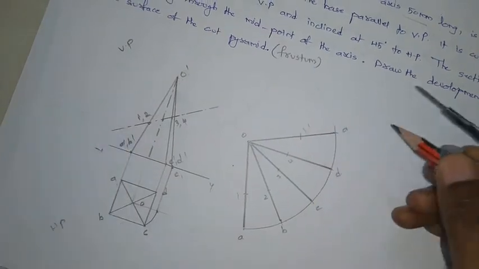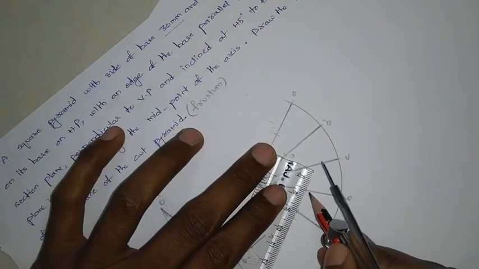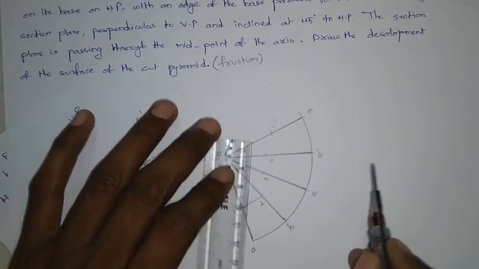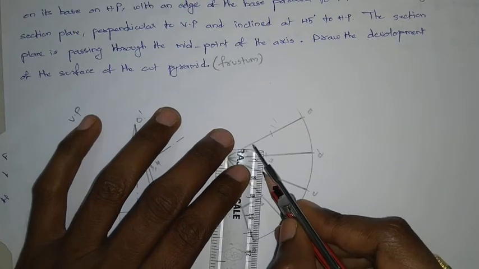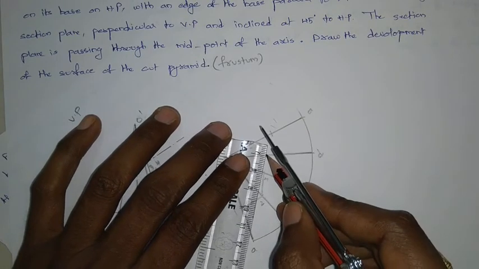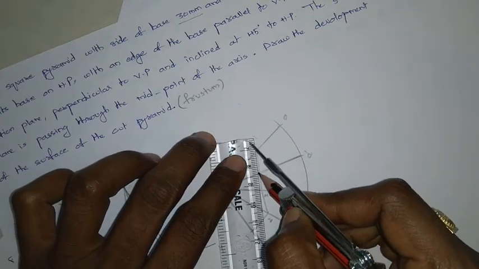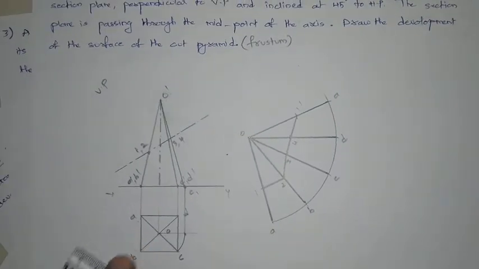This is 1. Now if you join all these points with the help of scale, why do you have to draw all these lines with the help of scale? Because these are all straight edges, and so this is the solution which you are going to get.